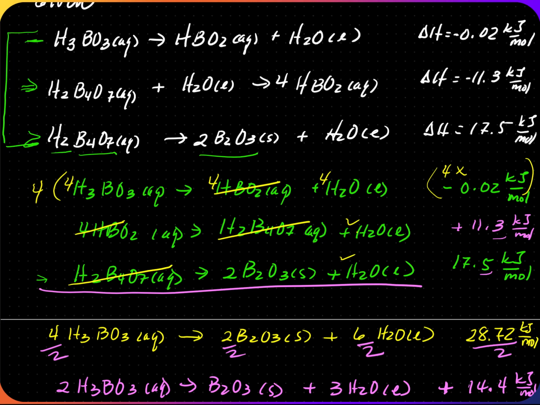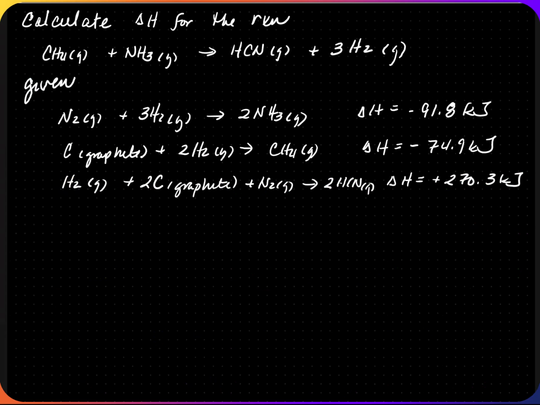After you simplify everything to get your final answer, make sure the coefficient matches the coefficient of the original equation. If you divide the coefficients out, you need to divide the delta H out. If you multiply the equation, you must also multiply the delta H by the same amount. Pause the video, try this problem on your own, and then check your answer.